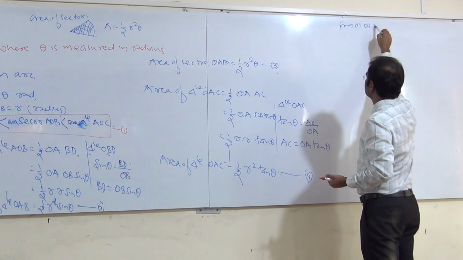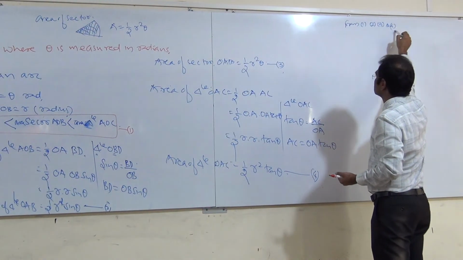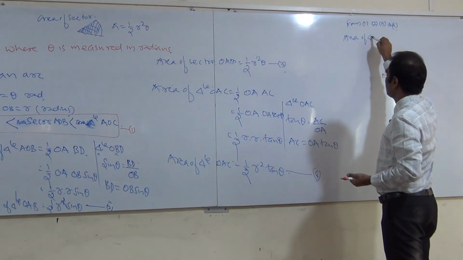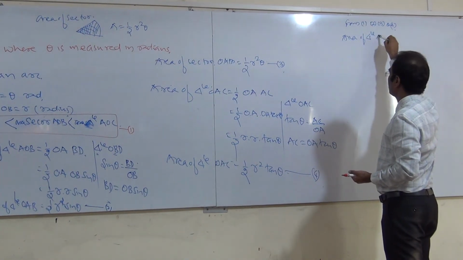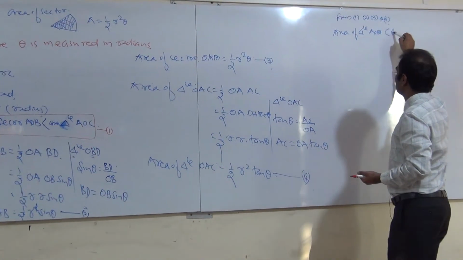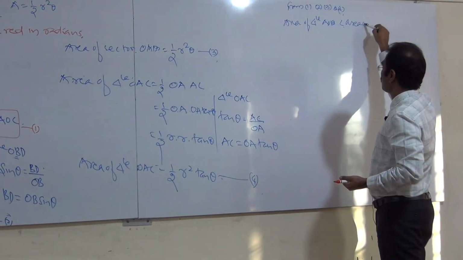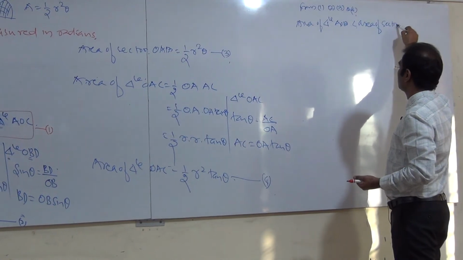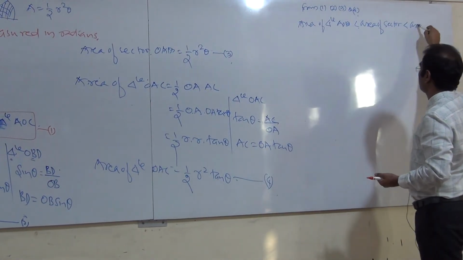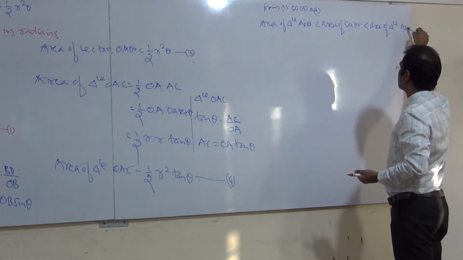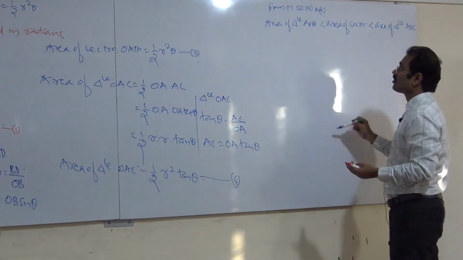From 1, 2, 3 and 4, what is the discussion? Area of triangle AOB is less than area of sector less than area of triangle AOC. This is from 1.